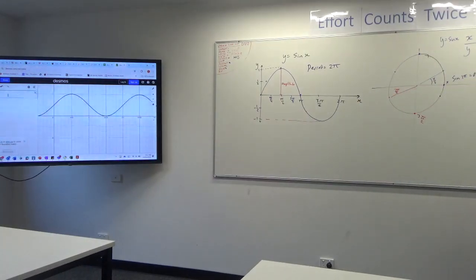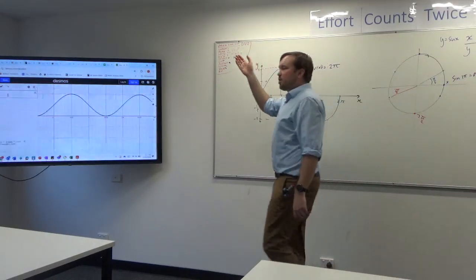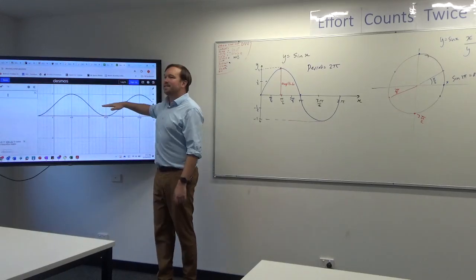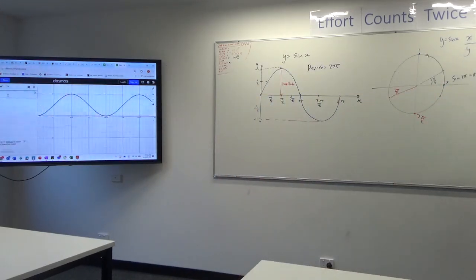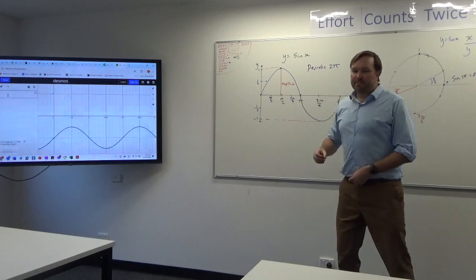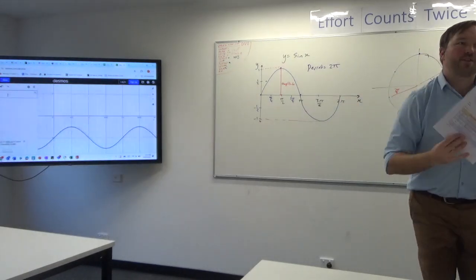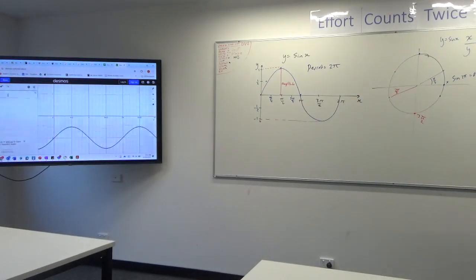Beautiful. Plus 1, the whole thing moves up 1. So a plus d on the end translates the entire thing up 1. Similarly, I could do a minus 2 on the end and drop the whole thing down 2. So everything that works on the sheet still works. What about if I did plus pi on 2?